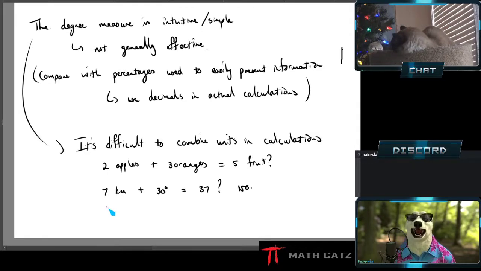So in general, when I have different units attached to quantities in a calculation, the answer doesn't always make sense. I can't have different units in the same calculation.